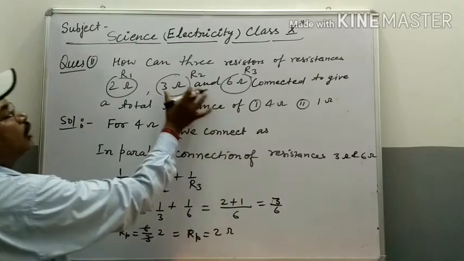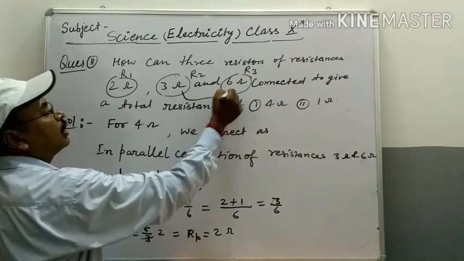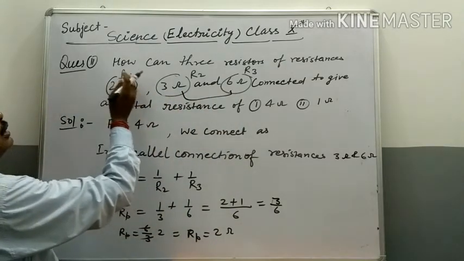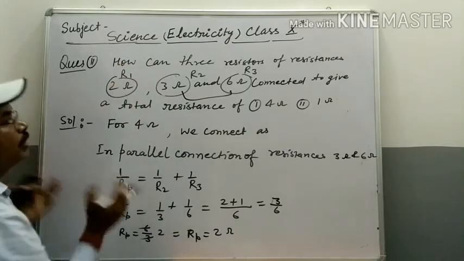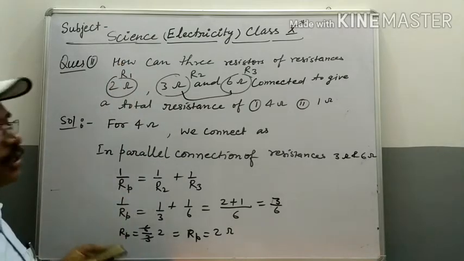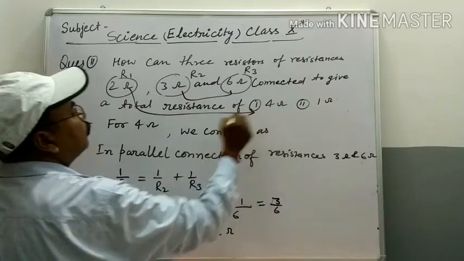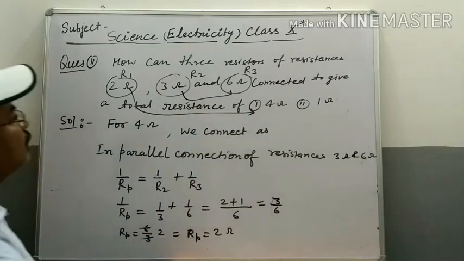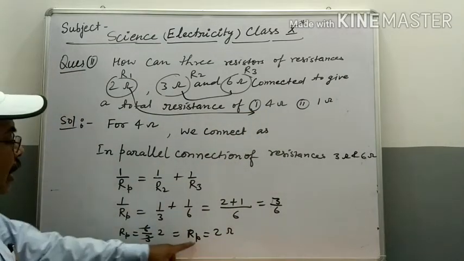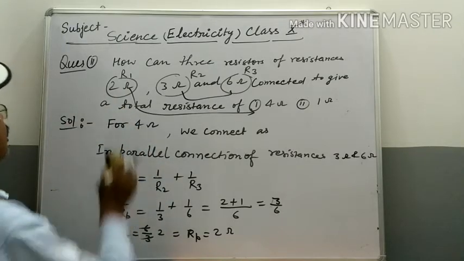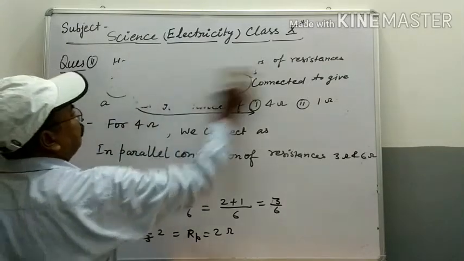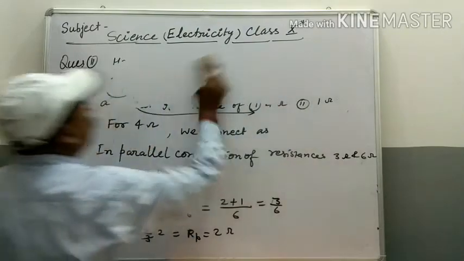It means 3 and 6 give total resistance 2, and if we add the first resistance R1 in series, the result will be 4 ohm. You have to add Rp and R1 in series for getting 4 ohm total.